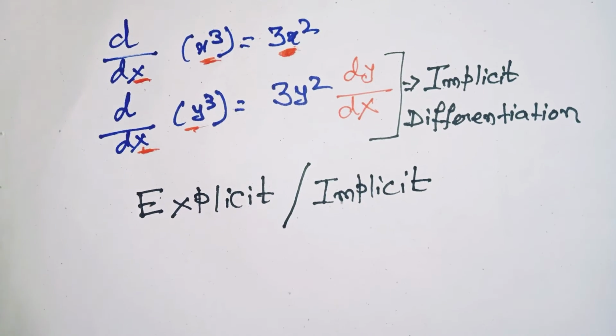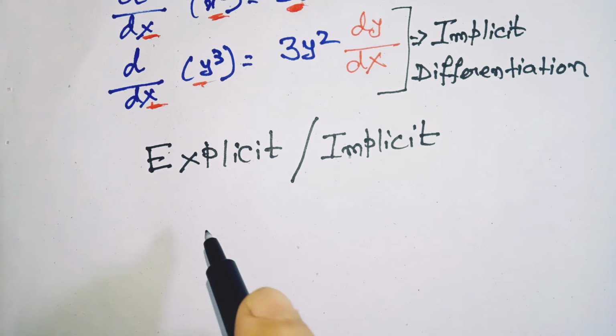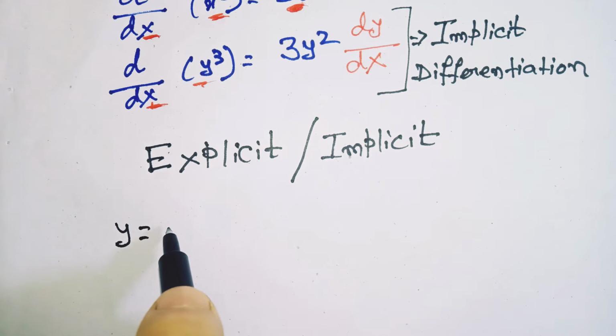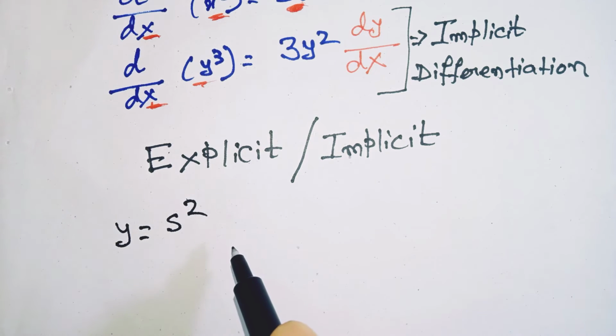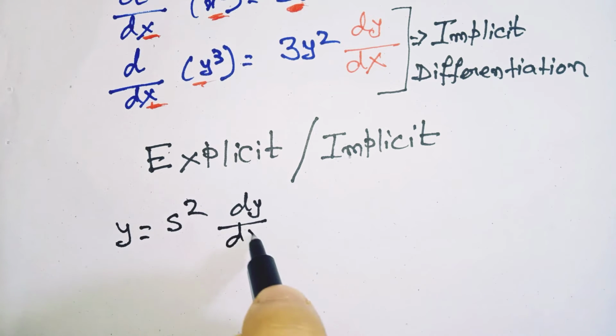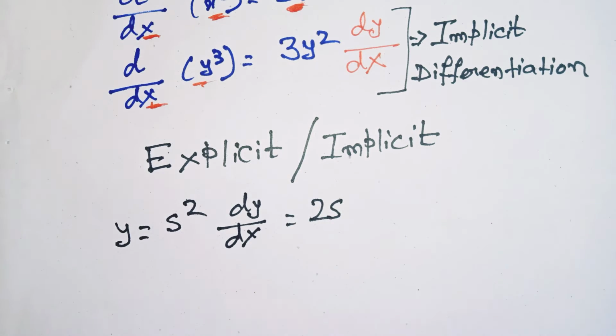Now, for example, normal differentiation where the value of y is given, I will just show you. If I write y equal to x squared, say for example, what we find, the dy by dx, we find it as 2x by the rule.